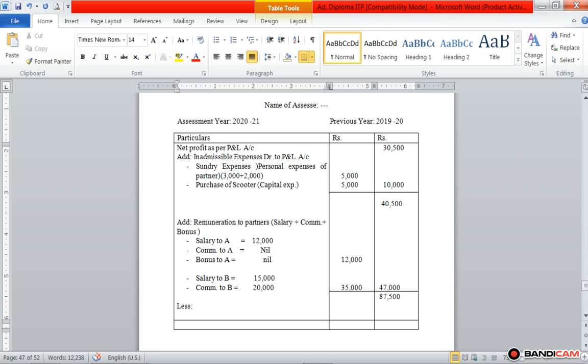Here other income is given. Less interest on, less income chargeable under other heads, credited to profit and loss account.